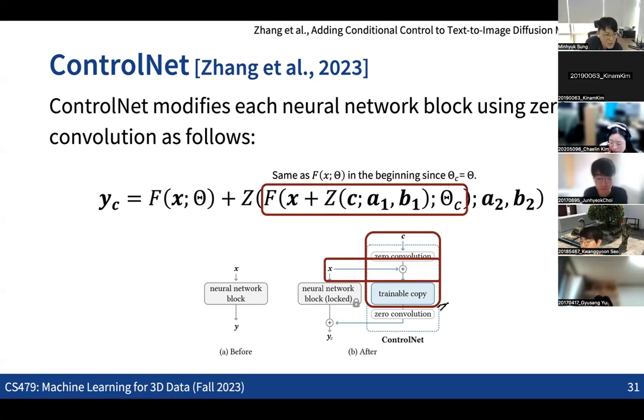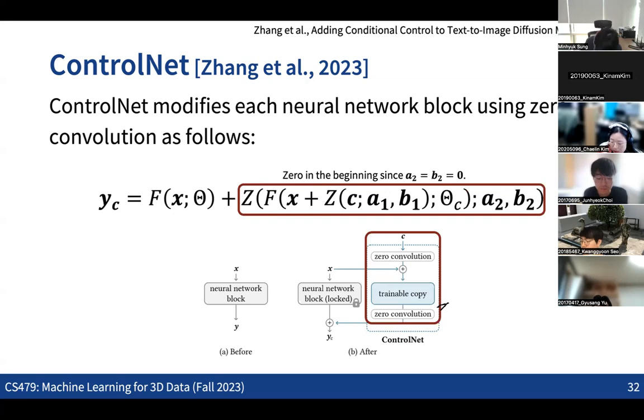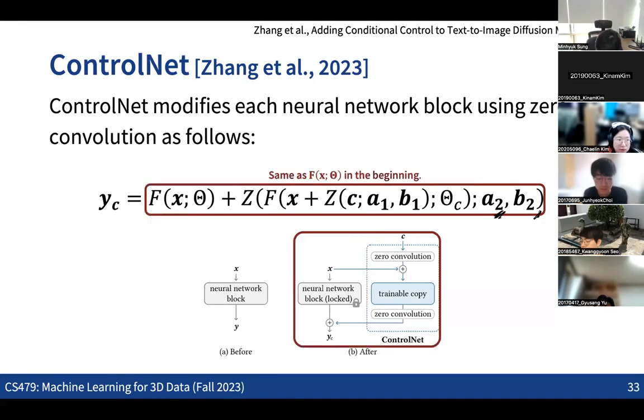We also feed this output again into the zero convolution here. The output will again be zero, because the two parameters of the second zero convolution are also initialized with zero. Then we feed this back by adding it to the output of the original neural network.